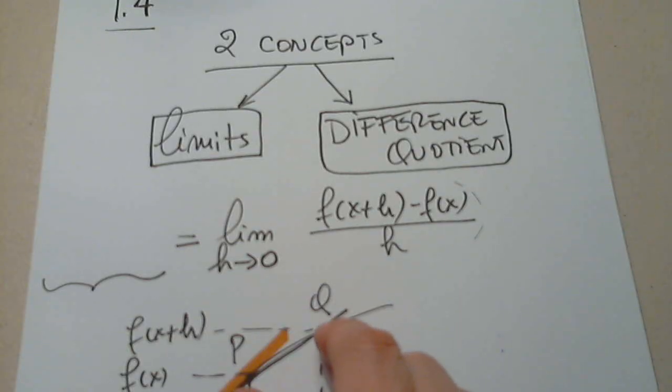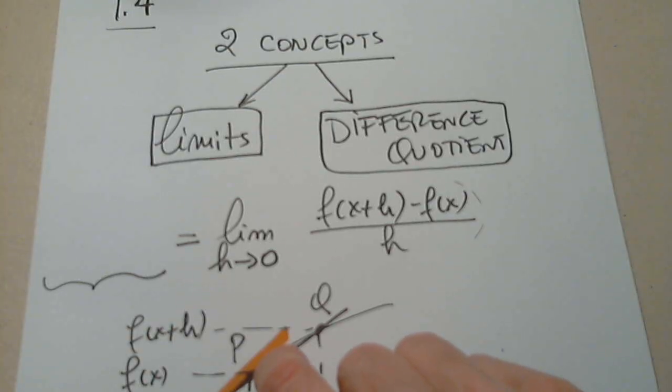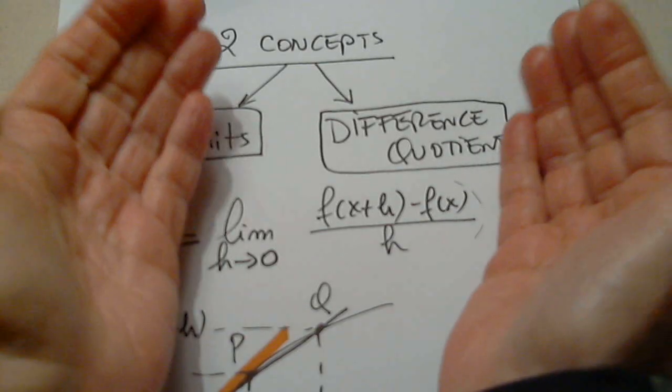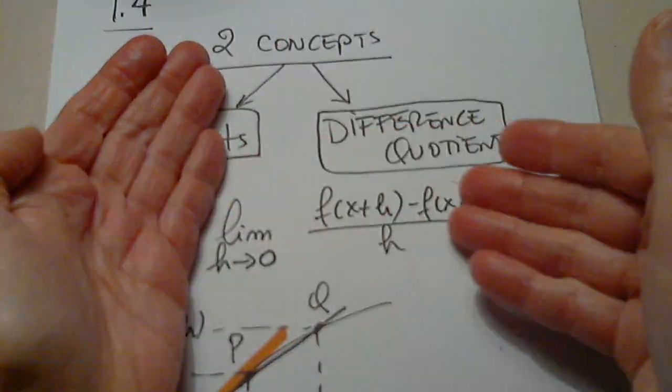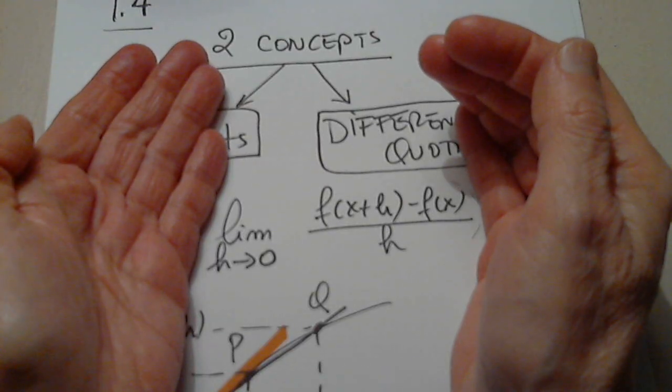If you ask me what is my average speed, then I have to determine the rate of change between such and such point over 5 hours, 6 hours, 7 hours. But if you ask me what was my instantaneous rate of change, look at your odometer and tell me the speed at that moment, at that instant, then I want to determine the slope of the tangent line. And this is how I determine the slope of the tangent line. And this is what calculus is all about.